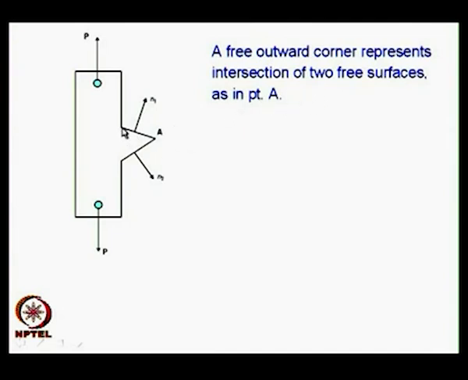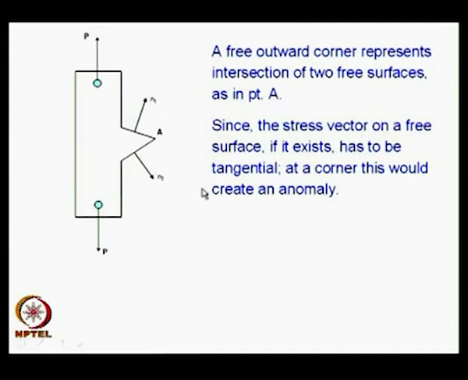So, what you find here is, this is a free surface defined by outward normal n1. This is a free surface defined by outward normal n2. Suppose I consider point A forming the surface n1, the stress vector would be along this direction.